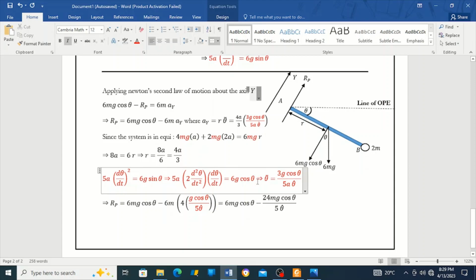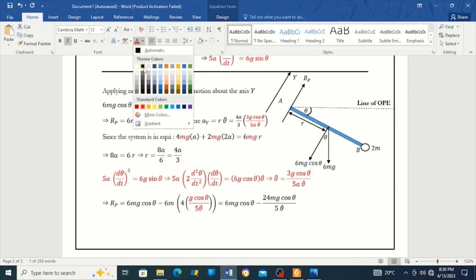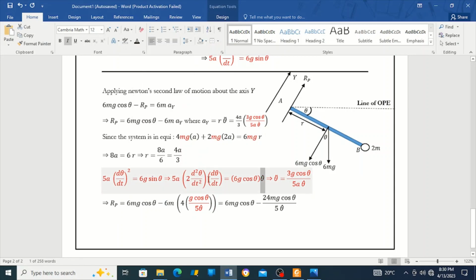So here it is actually cos theta times theta dot that we have to attach there. So cos theta times theta dot, and you see how the theta dot cancels. The theta dot on the left hand side cancels with the theta dot on the right hand side. So it's needless to put the theta dot there again. So be always vigilant.